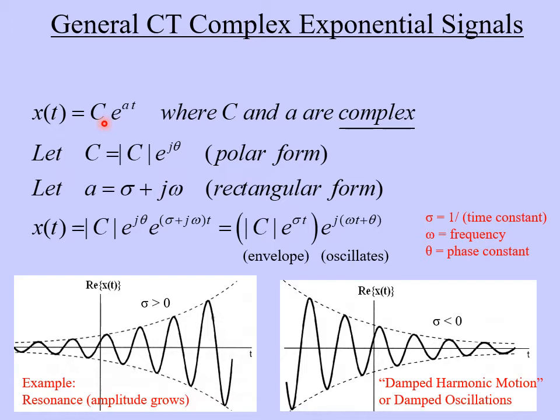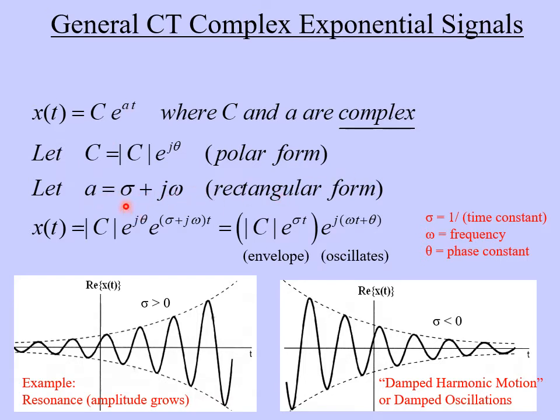The trick to making some sense of this is to let c be in polar form. So we're going to let c equal the magnitude of c, because remember c is complex, times e to the j theta, where theta is the phase. And then we're going to let a, which is up here in the exponent, be in rectangular form.